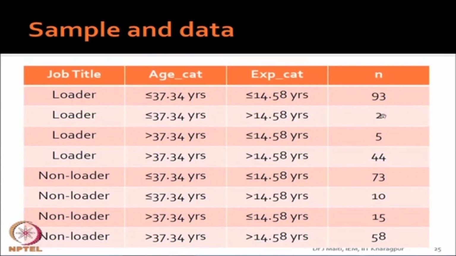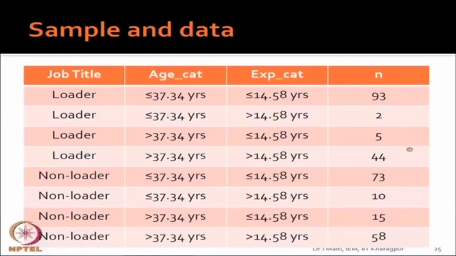Okay. Now, this is one concern. Another concern is this one with only 5, but 5 and more we consider acceptable. So, only this portion is a difficulty, but in other cases there is a reasonably good number of observations available.